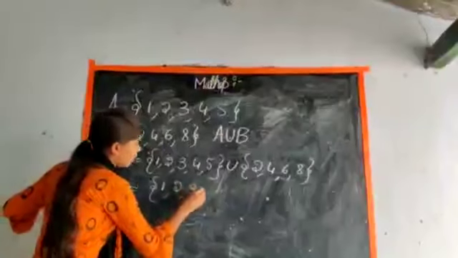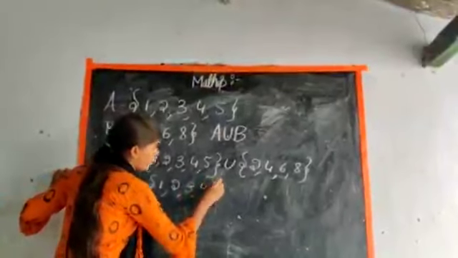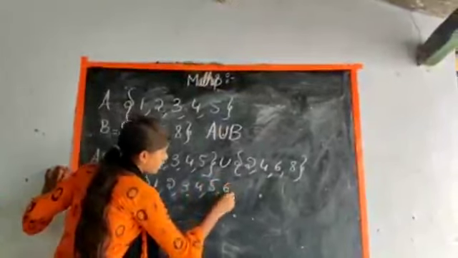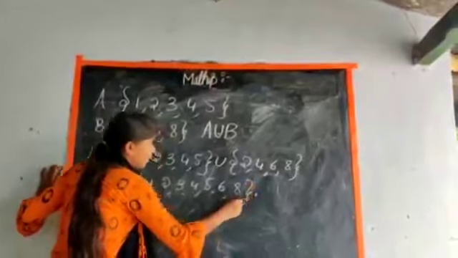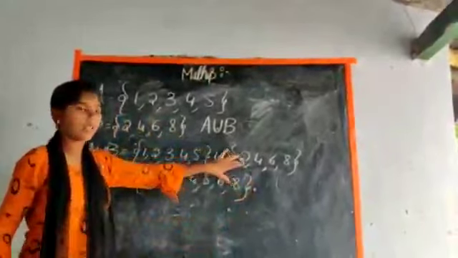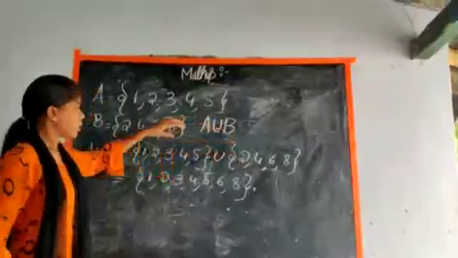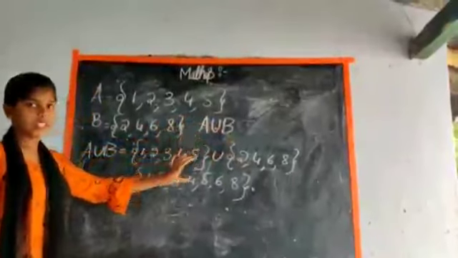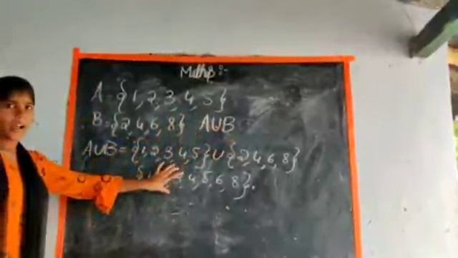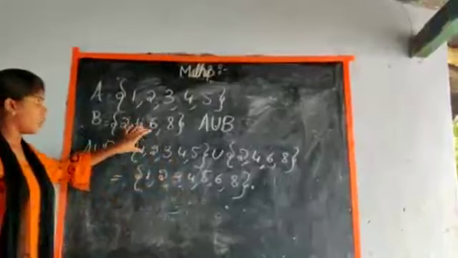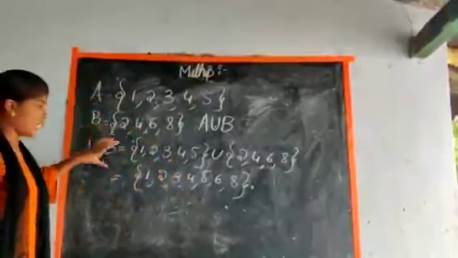By doing union, the set we require is 1, 2, 3, 4, 5, 6, 8. So 2 and 4 are repeated in these two sets, so we have to write them only once. So this is our required set by doing A union B.